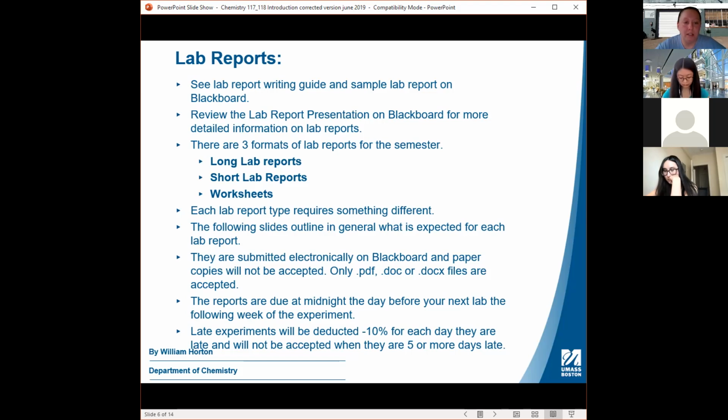So late experiments do have a 10% deduction for each day they are late. And if the report is late by 5 days, it's no longer accepted. So if something happens to you, like you get COVID or whatever, something unexpected, please make sure you email the person grading your lab reports that you might need some extra time.